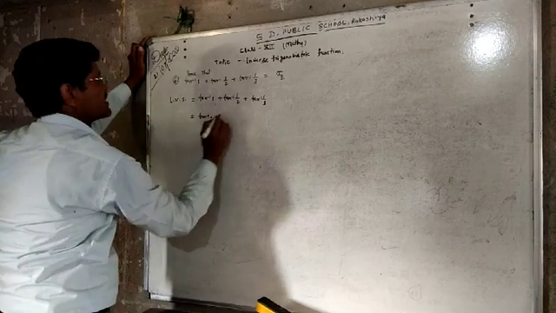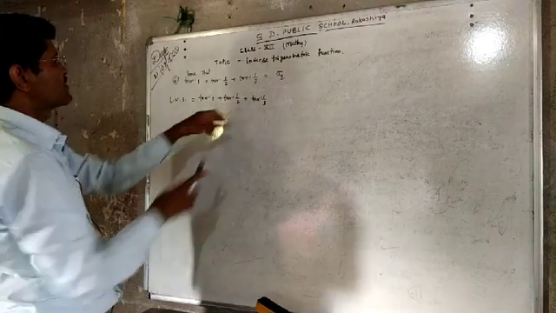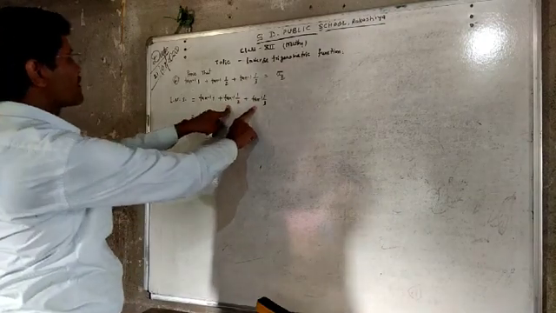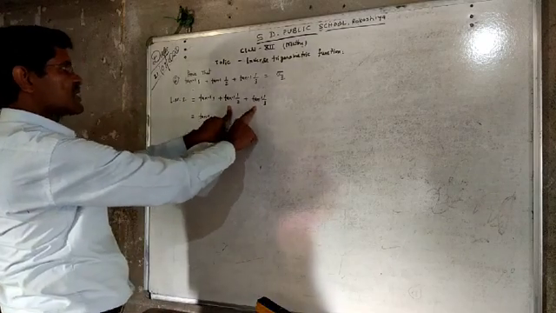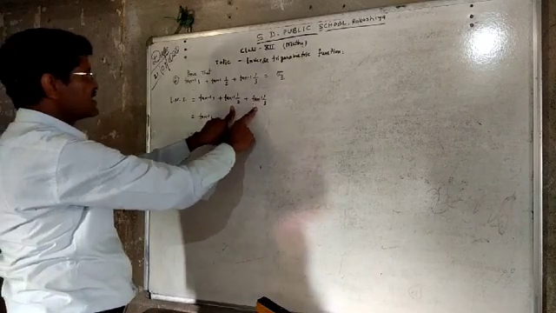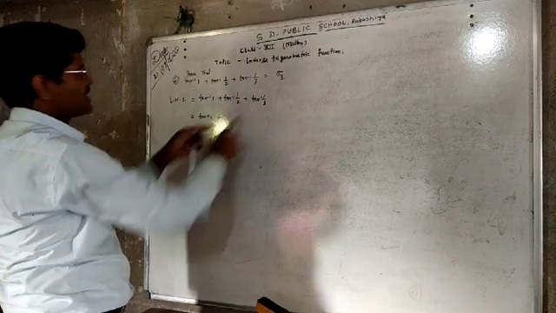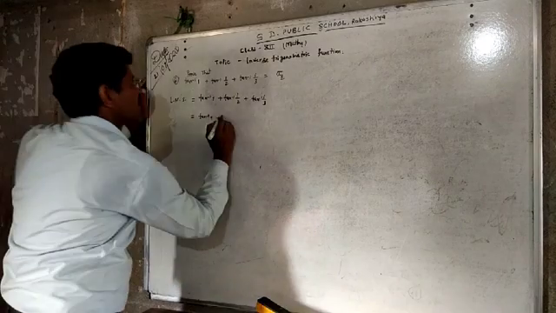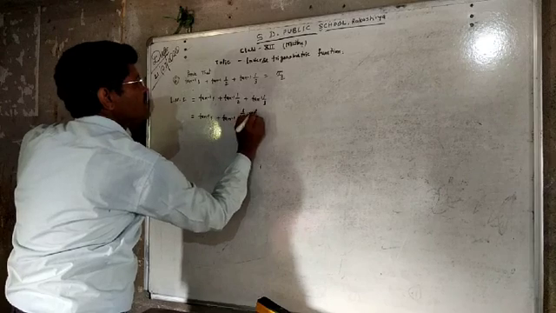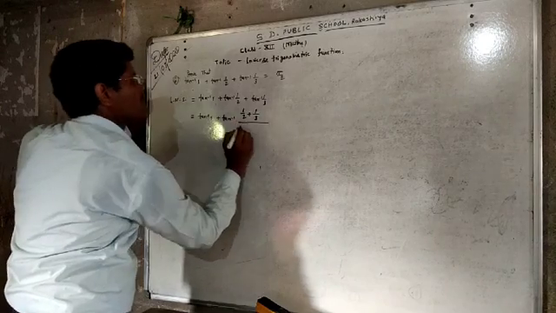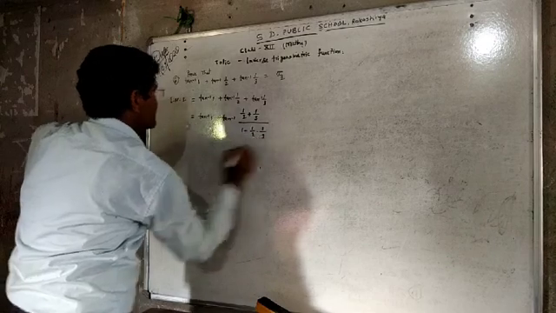Tan inverse 1, and we can solve the last 2 terms by the formula of tan inverse x plus tan inverse y. We know that tan inverse x plus tan inverse y is equal to tan inverse of (x plus y) upon (1 minus xy). Then, according to the formula, tan inverse of (1 by 2 plus 1 by 3) upon (1 minus 1 by 2 into 1 by 3).